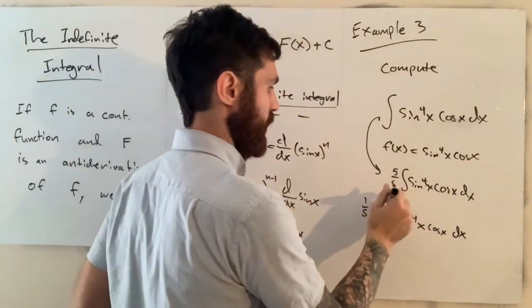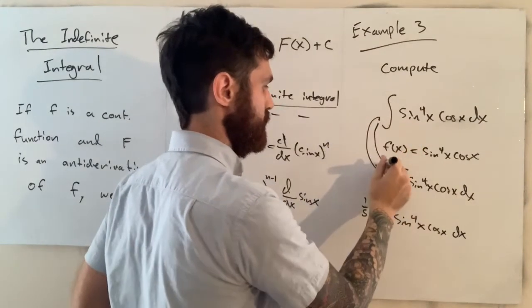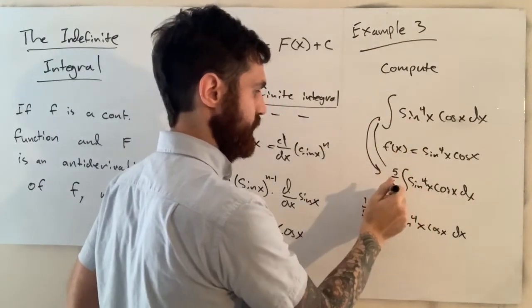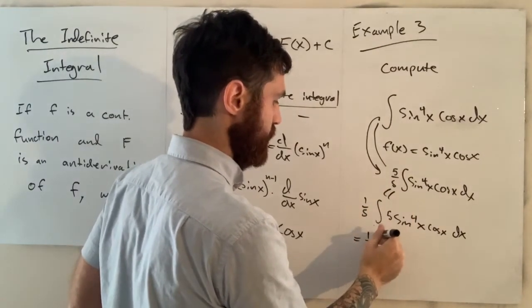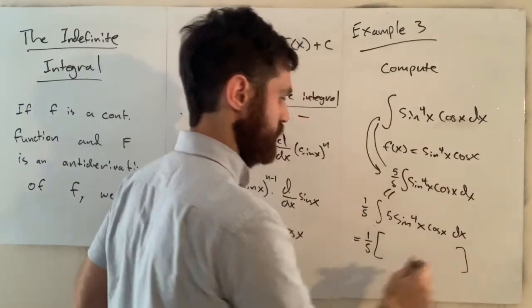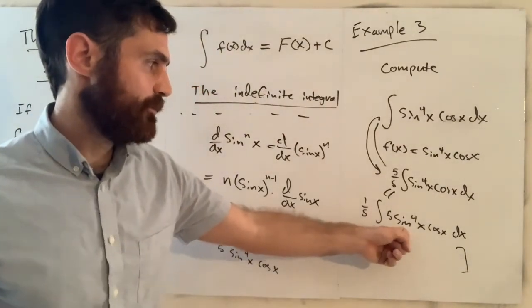And now what I have is this thing is equal to this thing, and this is just 1 over 5 times an antiderivative for this function.